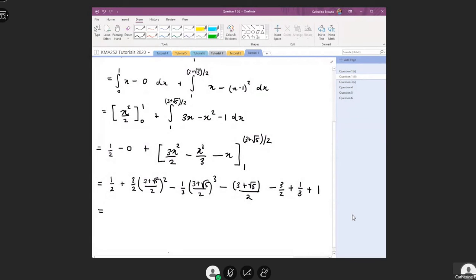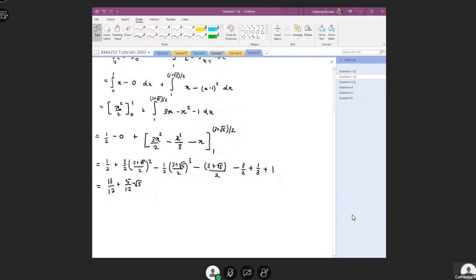And if I substitute all of those in and simplify, I get 13 on 12 plus 5 on 12 root 5. And I don't think yours are as messy as that, so that's nice for you.